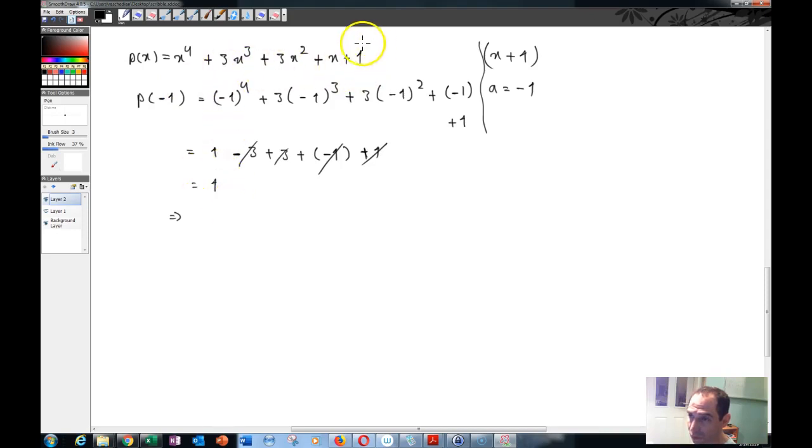That means that if you divide this polynomial by this polynomial, the remainder is going to be equal to 1. And so this polynomial is actually not divisible by this polynomial. Another way of saying that is that x plus 1 is not a factor of p of x, basically. Okay.